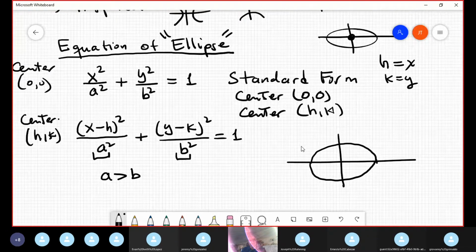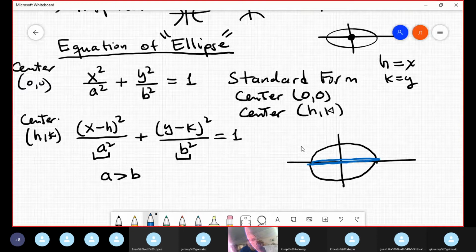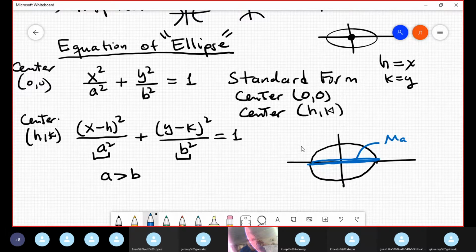So A is a square root of this number. Well, we have two axes. Let me use two colors. This axis is called the major axis because it's the big one. Major axis. And this axis is the minor axis. Minor and major, that's the technical name.